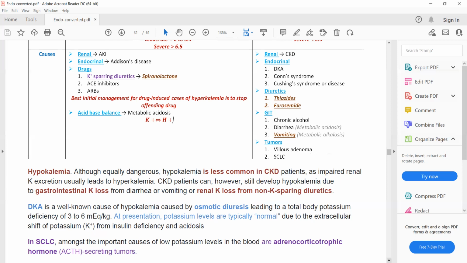ADH because of syndrome of inappropriate ADH secretion and activation of renin-angiotensin system, and ACTH because you all know that ACTH stimulates the release of steroids such as cortisol and aldosterone. So excess aldosterone is always a cause of hypokalemia.